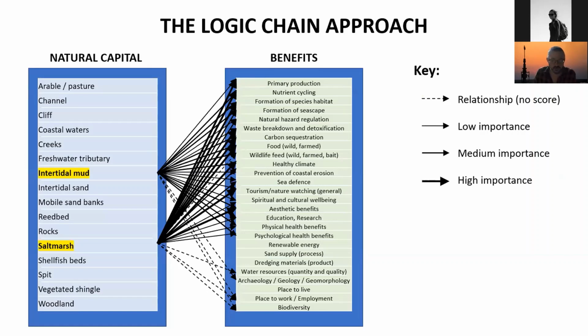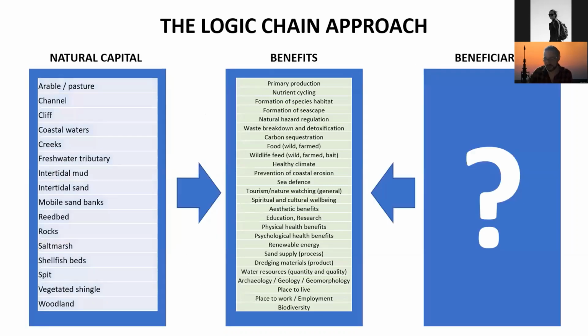Here we've highlighted intertidal mud and salt marsh again. From the matrix work, we had a relative baseline understanding of whether that was a low, medium or high contribution of the capital to the benefit. So it enabled us to understand this flow of the feature to the different types of benefits. That was the fairly easy part.